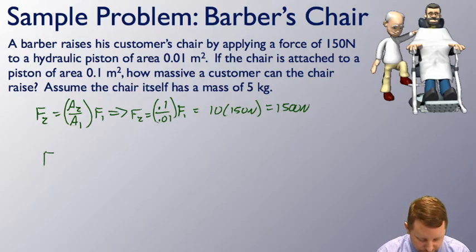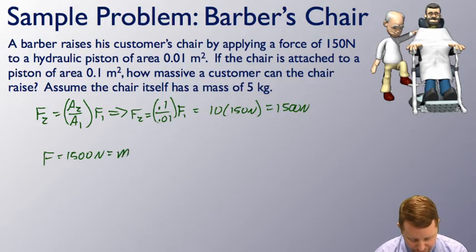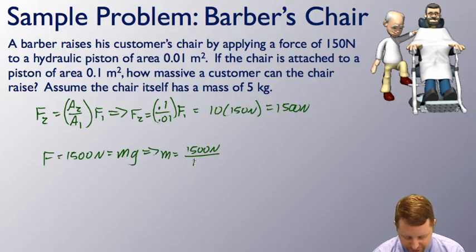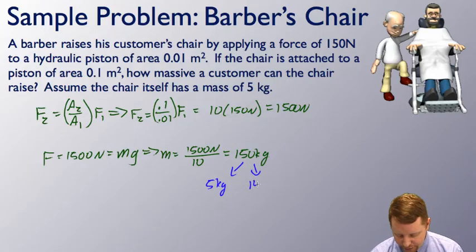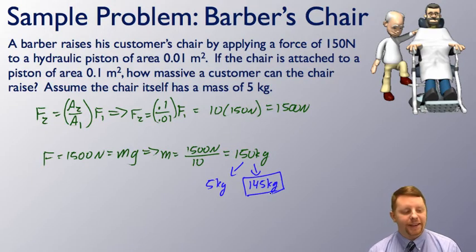So, if F is 1,500 newtons, and that's equal to mg, the weight, then m must equal 1,500 newtons over our acceleration due to gravity, g, 10 meters per second squared, or 150 kilograms. That's got to be divided up between the 5 kilogram chair, leaving you a 145 kilogram customer that you could lift in that chair. Hydraulic systems allowing for force multiplication.